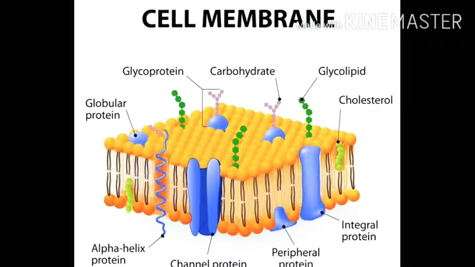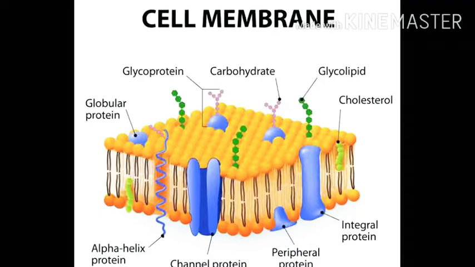Now we are talking about water. The movement of water across the plasma membrane also affects the amount of substance dissolved in the water. The process of water movement from a region of higher water concentration through a semi-permeable membrane to a region of lower water concentration is known as osmosis.